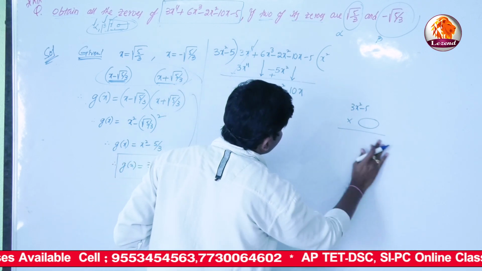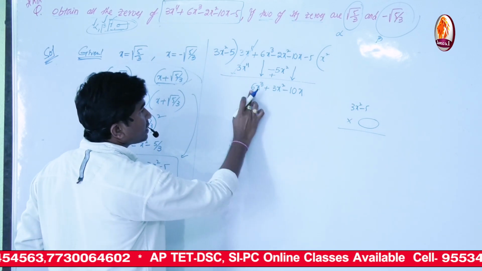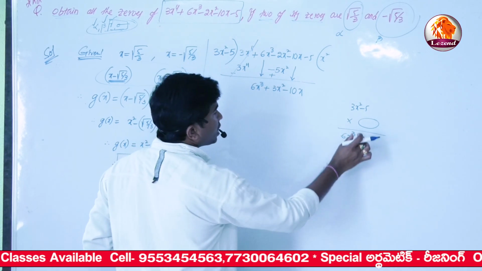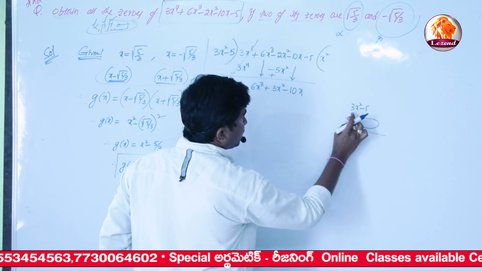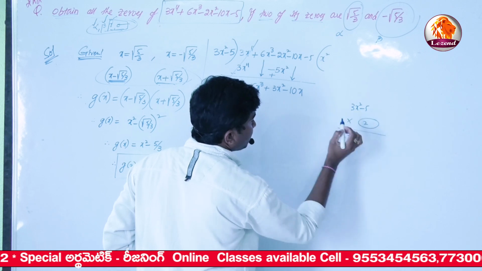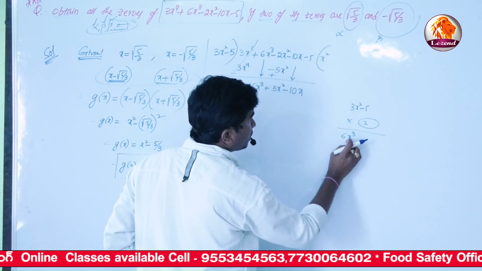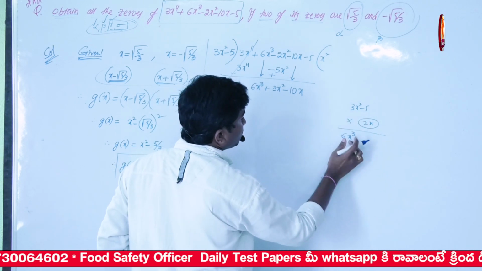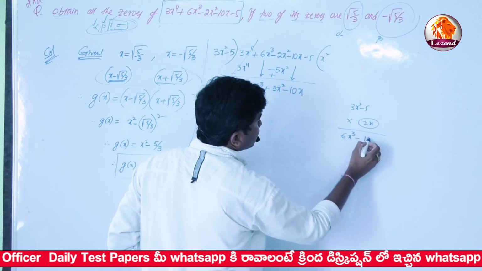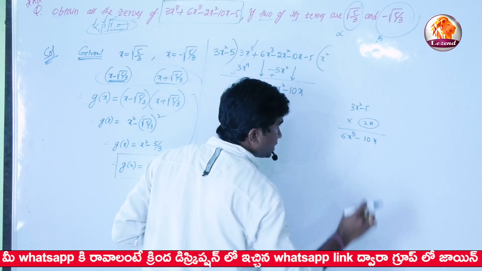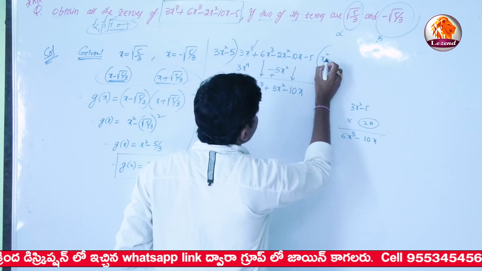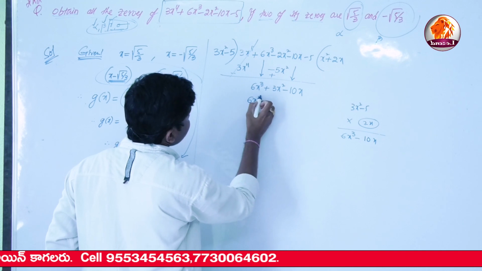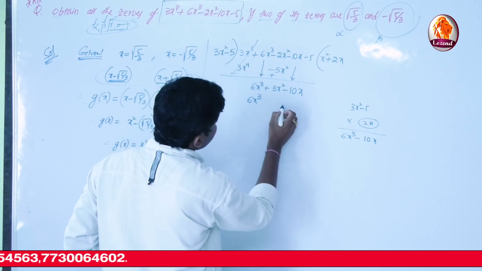Next, again rough work. In this case the target is 6x cube. How do we get 6x cube? What should be multiplied to 3x square? 3 into 2 is 6, and x square, but we want x cube, so one more x is required. So 2x into 3x square is 6x cube, and minus 5 into 2x is minus 10x. Here the x power 2 term is missing, so leave the space.